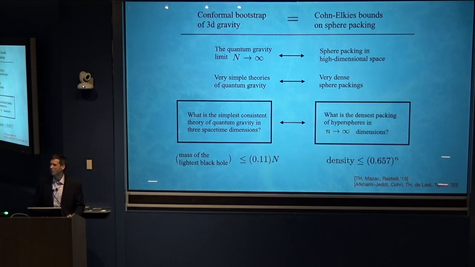But we also have something to offer the mathematicians in that we have this physical way of looking at the problem. And anytime you have a new way of looking at a problem, surprises are bound to come up, and you can find lots of interesting new ways of thinking about it.